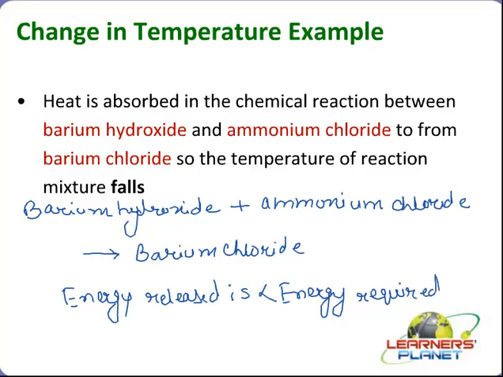So when the energy released is less, the energy required for formation of bonds, from where will you get it? We have to provide it from outside. So this is an example of an endothermic reaction. Is my point clear, students?